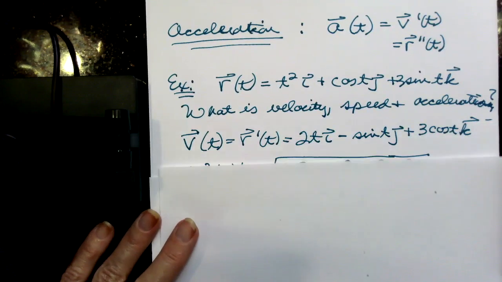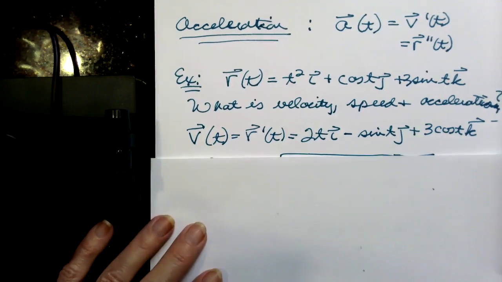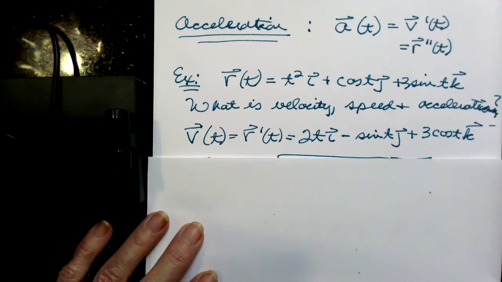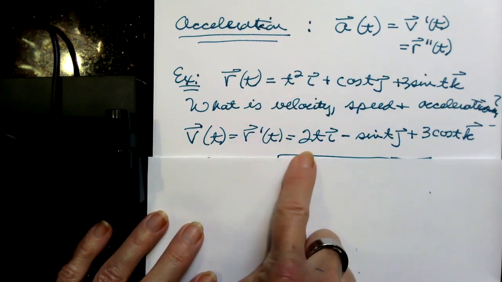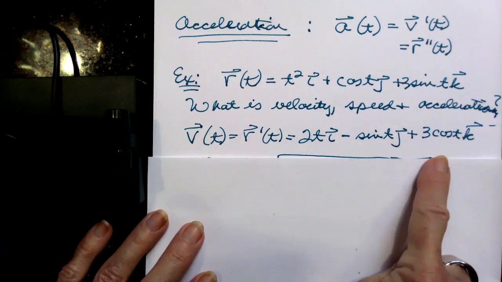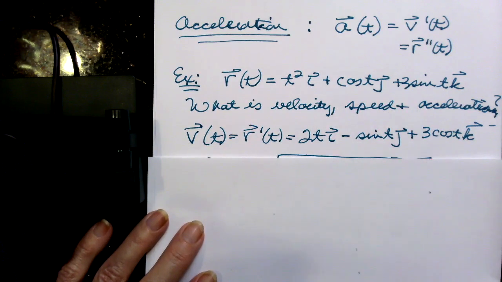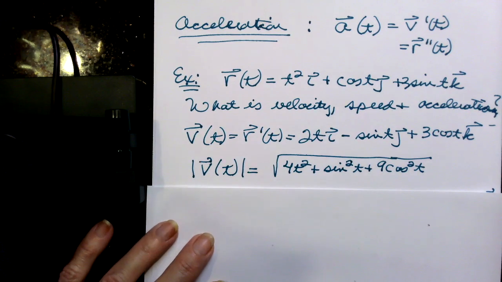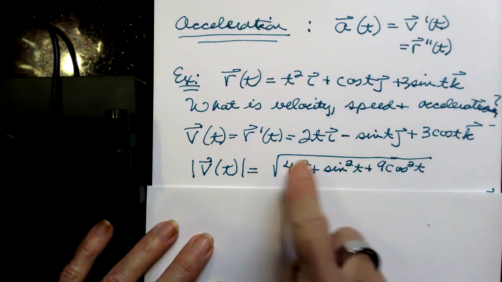Okay, so to get the velocity, we just differentiate the position function. So if you can do derivatives, this is a kind of gimme question. It's 2t i minus sine t j plus 3 cosine t k. Okay. And now if you want to take the speed, that means you have to take the length of that vector. So we square each one of the components, add them up, and take the square root.